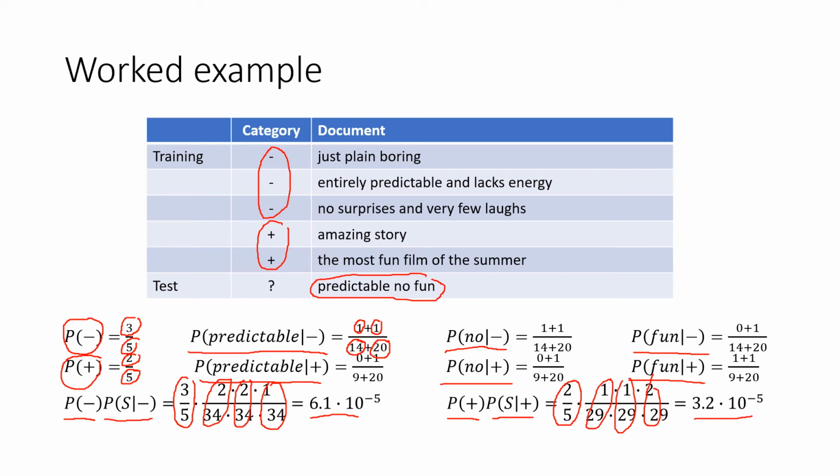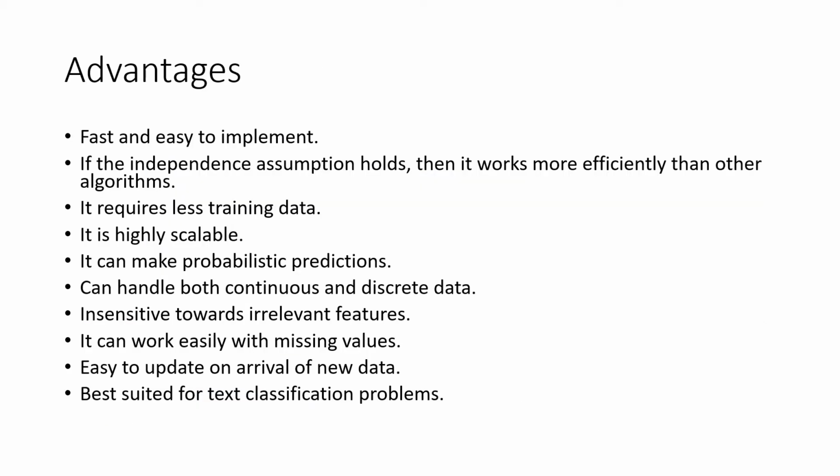So since this one is higher, we can conclude that our Naive Bayes algorithm will predict a negative label for our test sentence. There are many advantages of the Naive Bayes classifier. The algorithm is fast and easy to implement. If the independence assumption holds, then it works more efficiently than other algorithms.